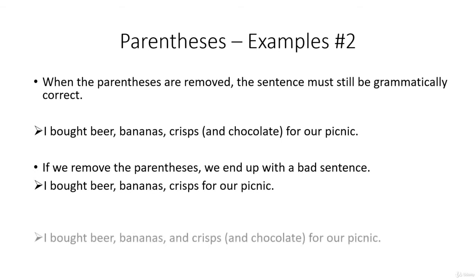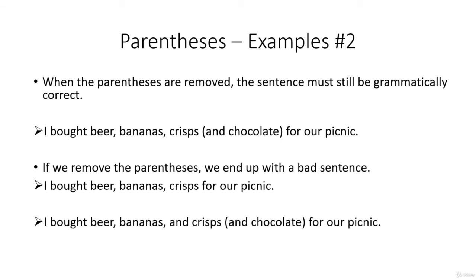So something is wrong. What we have to do is change the original to be: I bought beer, bananas, and (crisps, and chocolate) for our picnic. So when we then remove the parentheses, we're left with, I bought beer, bananas, and crisps for our picnic, which is a correct sentence.